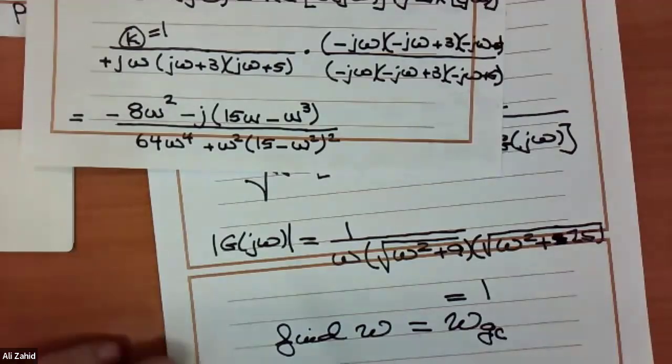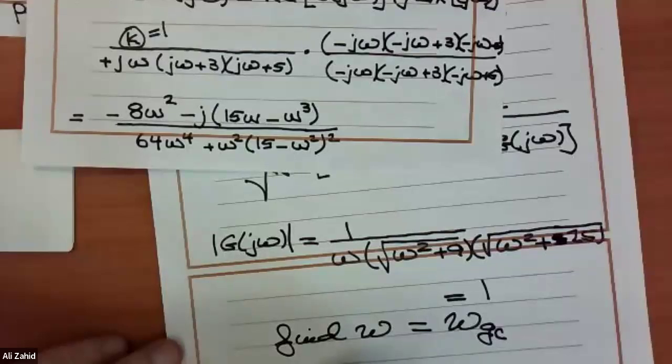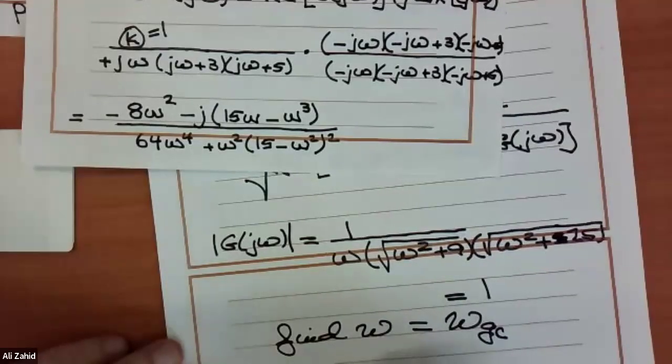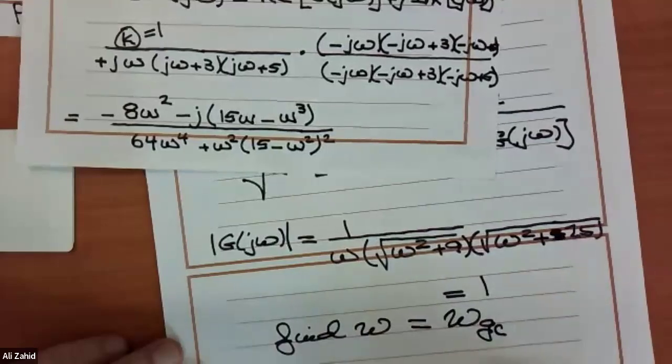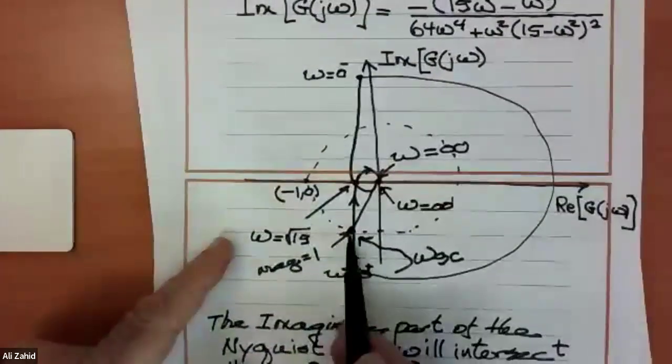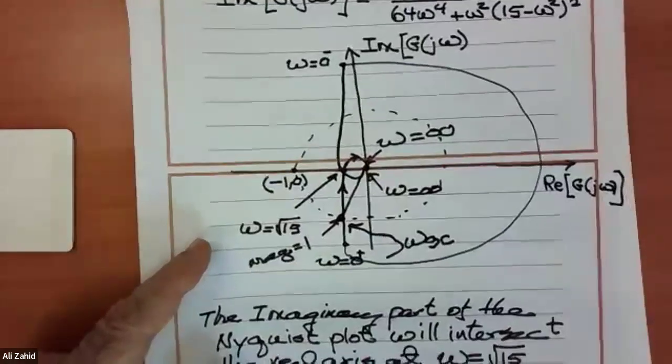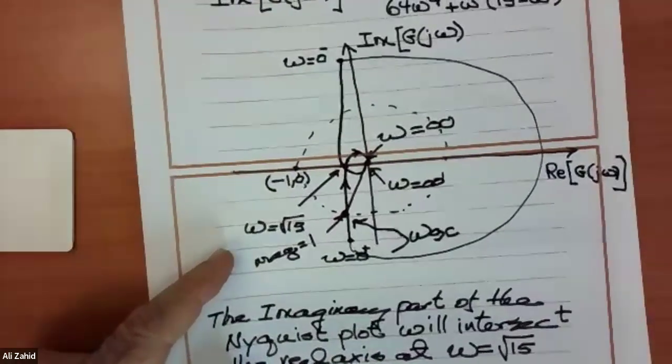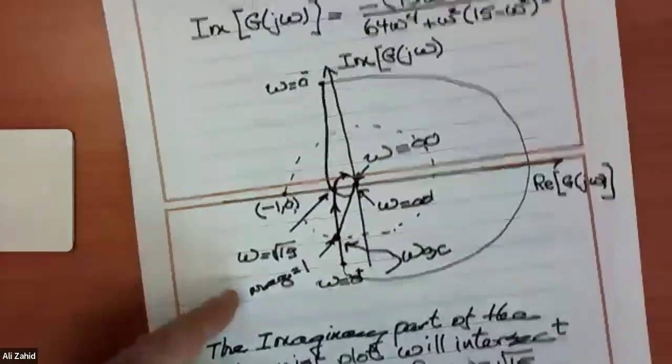Now, for k equal to 1, what is omega GC compared to omega PC? Which one is larger? Where is omega PC, by the way?